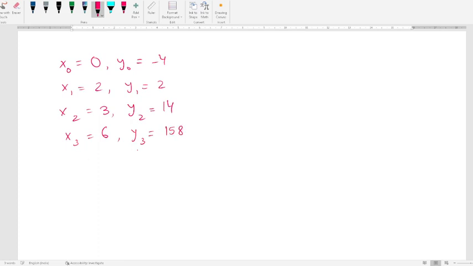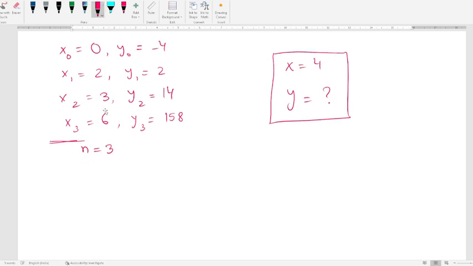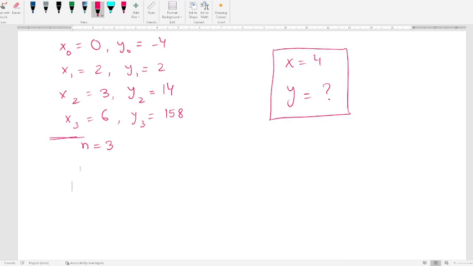We are curious to know what happens to y when x is equal to 4. So that is the question. We have n equal to 3 in our problem. Now, in order to solve this problem, we need to use a particular formula.